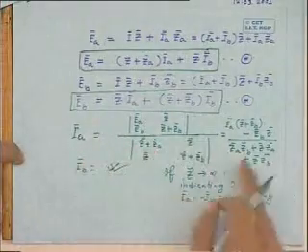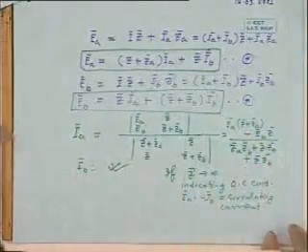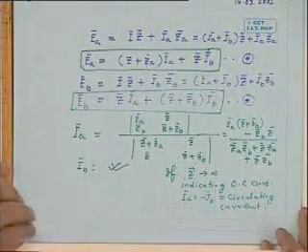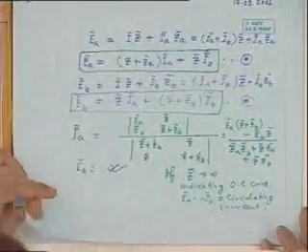So, for a given current, and if you know EA and EB, you can find out how much transformer A will share and how much transformer B will share.